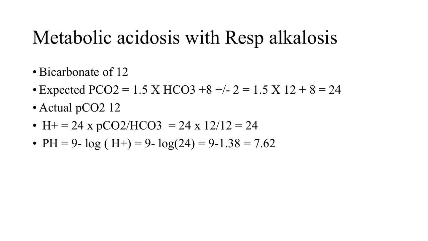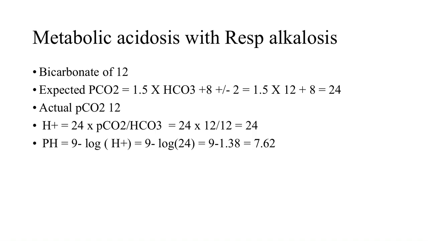Let's say a patient is overcompensating. In a subsequent video, we'll talk about different cases and scenarios where you either undercompensate or overcompensate, to bring up the clinical relevance of all this. Let's say a patient's bicarbonate is 12, expected PCO2 is 24. For whatever reason, the patient is breathing much harder and gets the PCO2 down to 12.